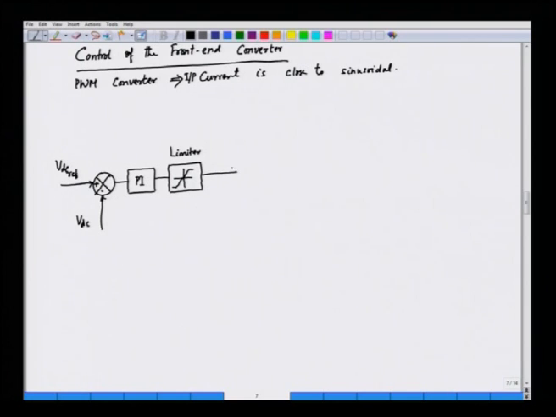and then we generate the peak value of the current, Im.